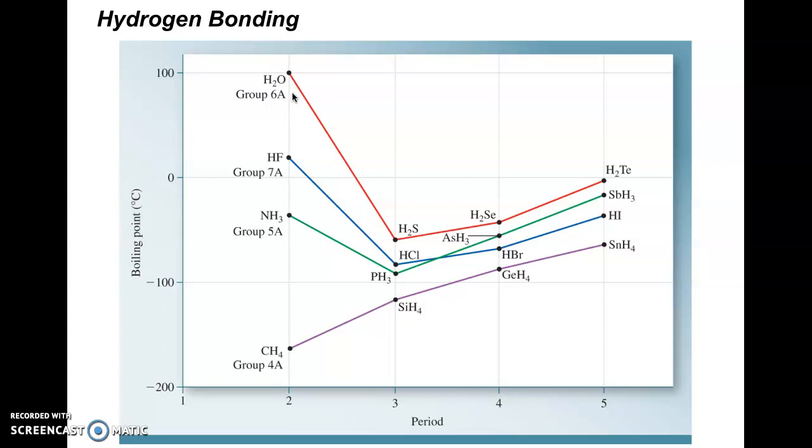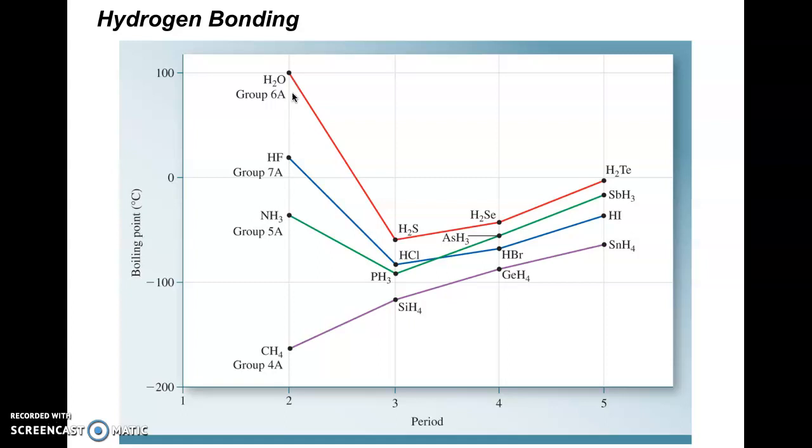This affects boiling point pretty extremely. If you look, the x-axis is period and the y-axis is boiling point. So if we look at the second period, or the second row of the periodic table, we're going carbon, nitrogen, fluorine, and oxygen, which, of course, makes water.